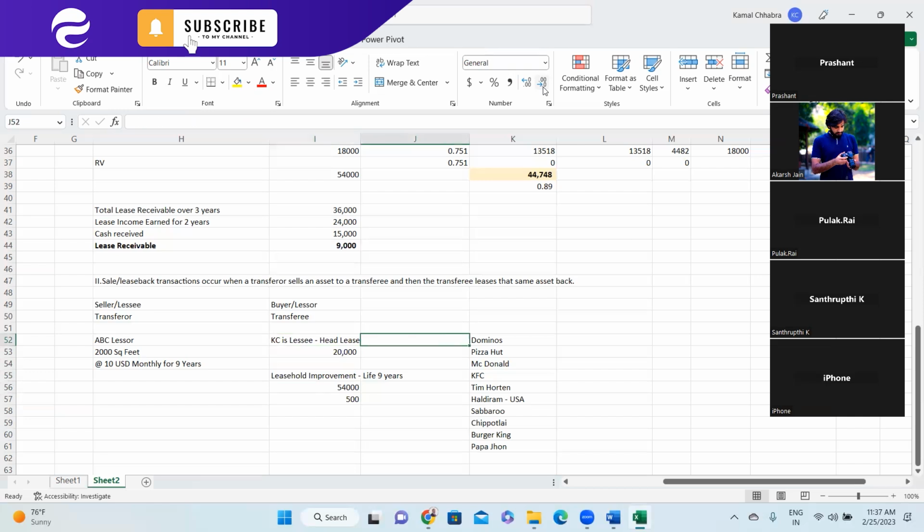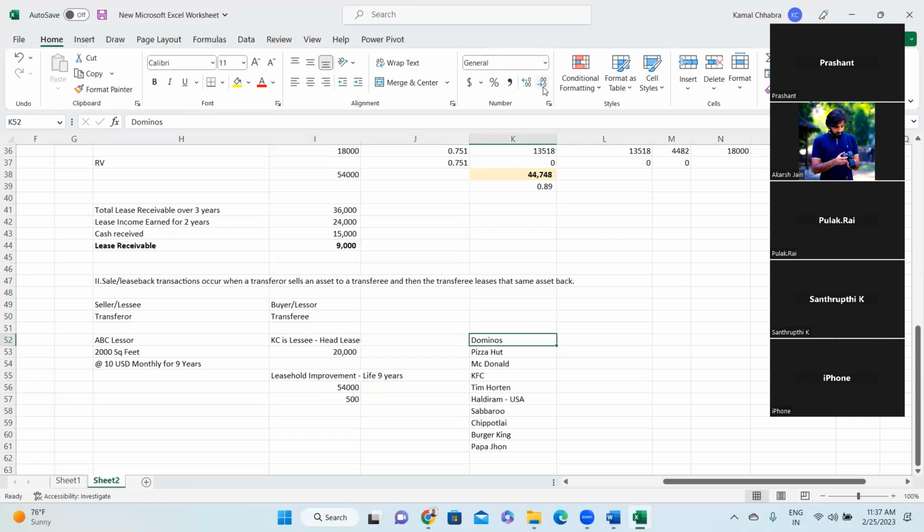And now I have given this to all these companies. Let's assume I'm charging $15 per square foot. Let's assume $3,000 from everyone. They have been given equal sizing.